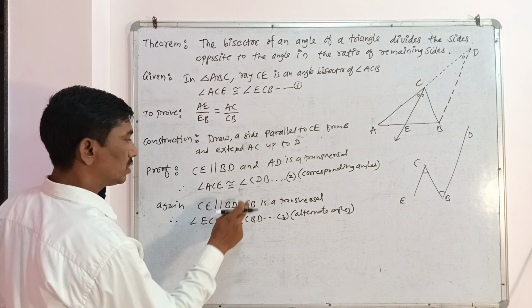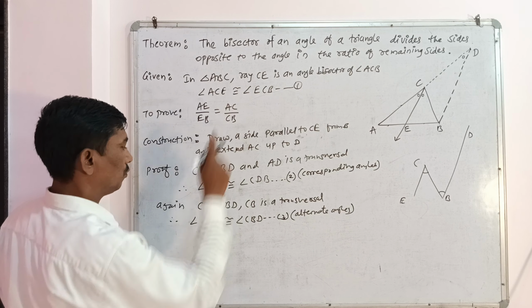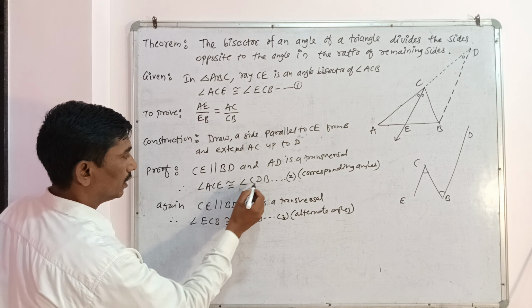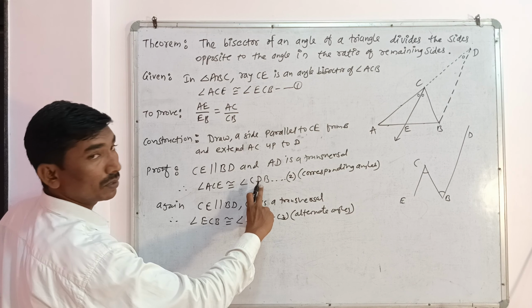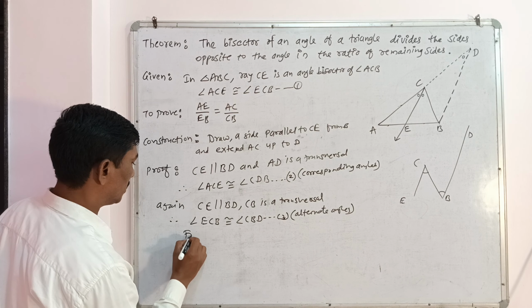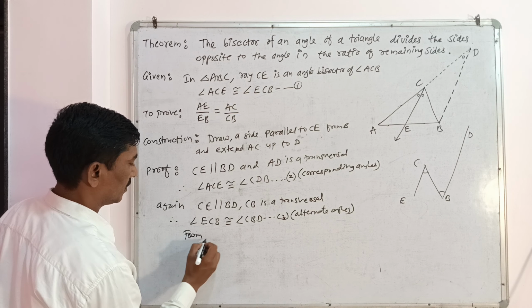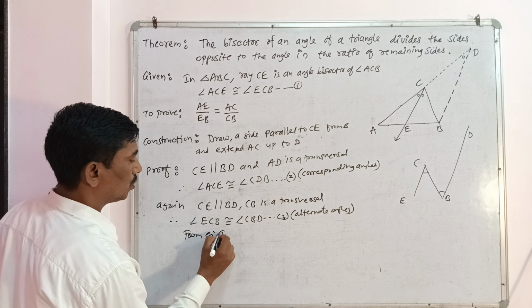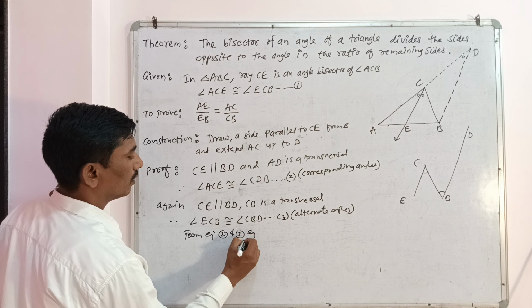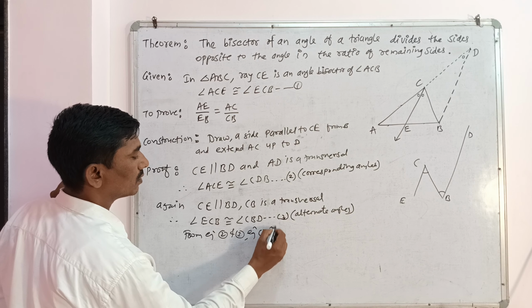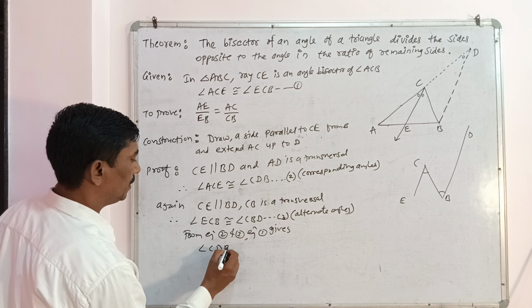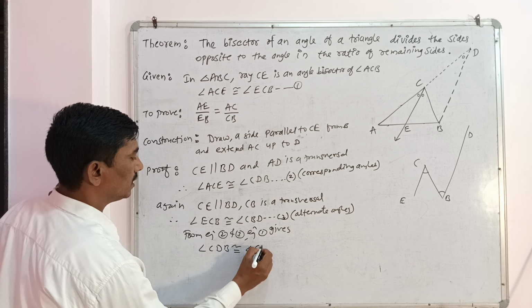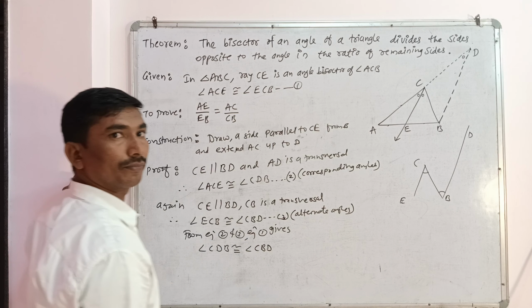So if you use this equation number 2 and 3 in equation 1, what I can write is these two triangles must be congruent because these are congruent. So from equation 2 and 3, equation 1 gives that angle CDB is congruent with angle CBD, isn't it?